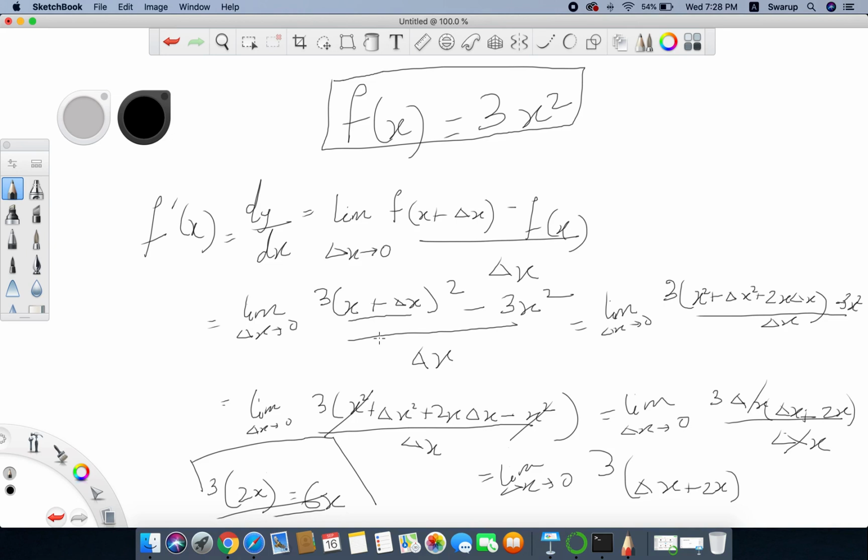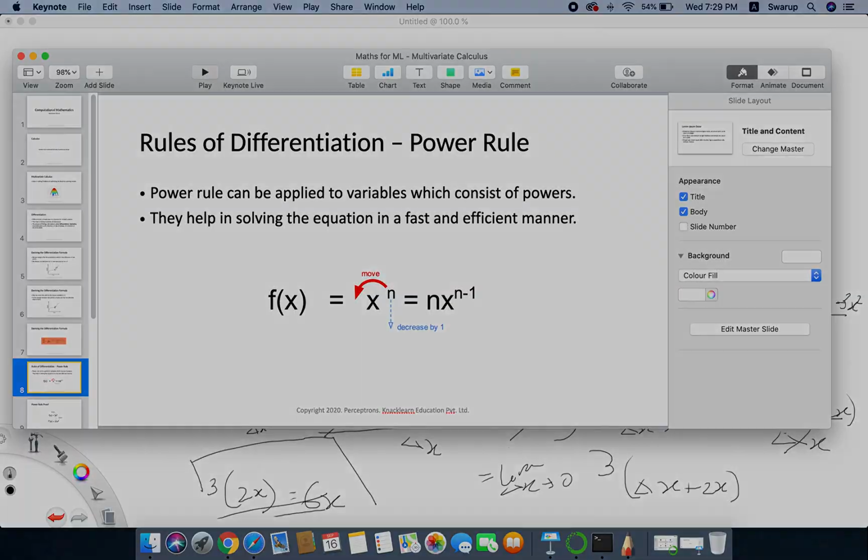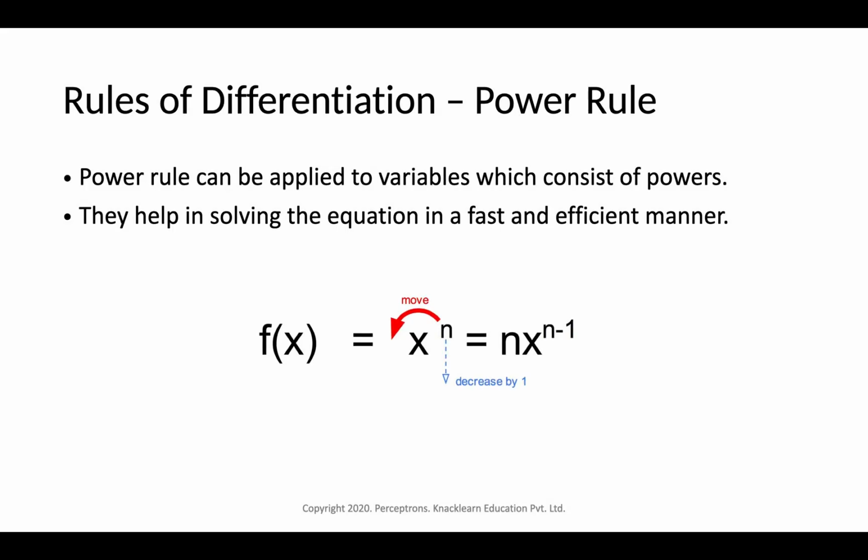Now I just want to find it in one single line by using an equation called the power rule. We can use the power rule and find the differentiation easily, because here the variable is at the power of 2. The power rule is given by this equation: f of x equal to x to the power n.